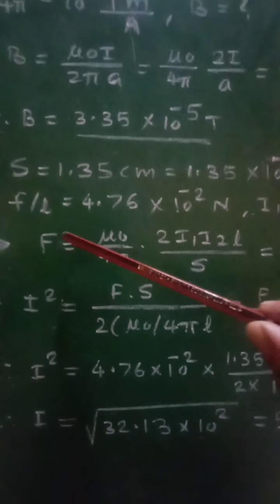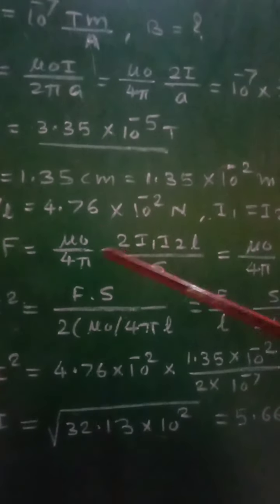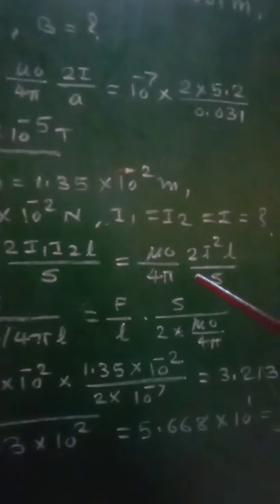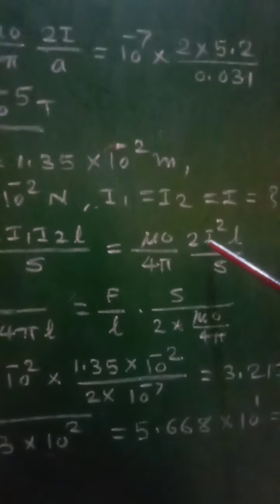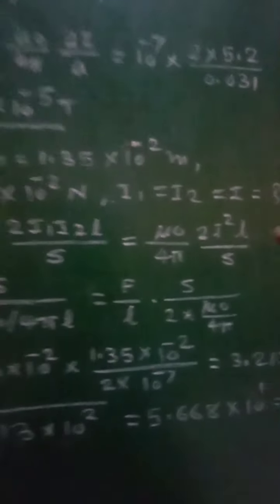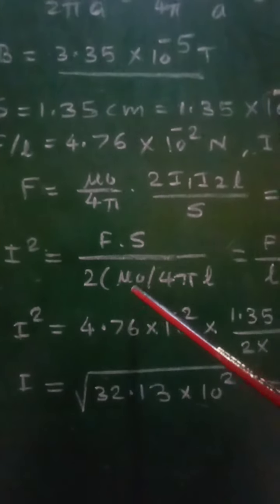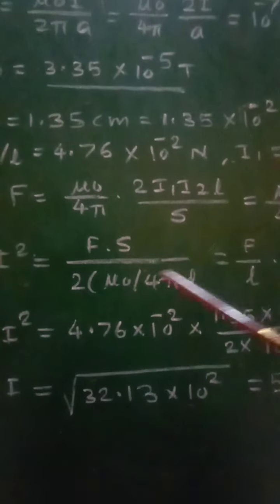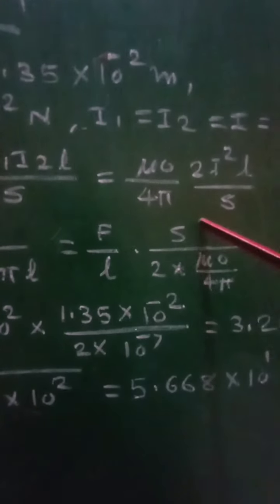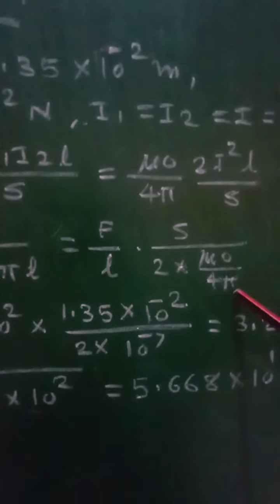We have the formula for force F equals mu 0 upon 4 pi into 2 I1 I2 L upon S. That will be equal to mu 0 upon 4 pi into 2 I square L upon S, and therefore I square will be equal to F S upon 2 into mu 0 upon 4 pi into L, which equals F by L into S upon 2 into mu 0 upon 4 pi.